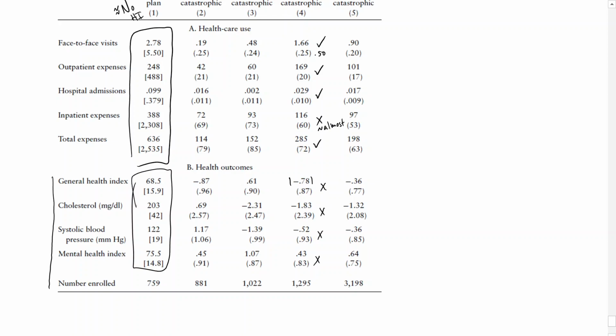And you check for balance. Balance looks good. Then you give one group or multiple groups the treatments, and you see what happens. And all you have to do is simple t-tests, comparison of means, and you're done.